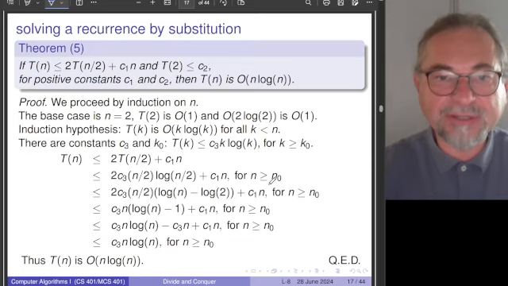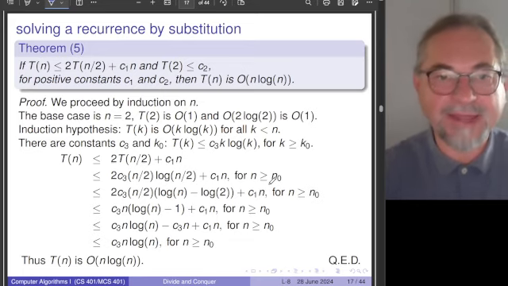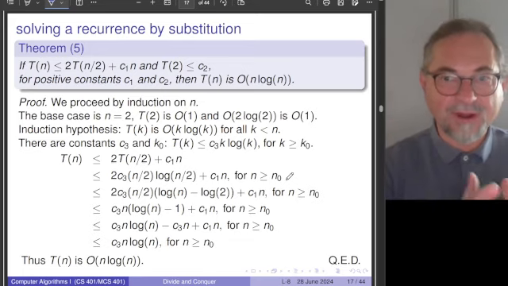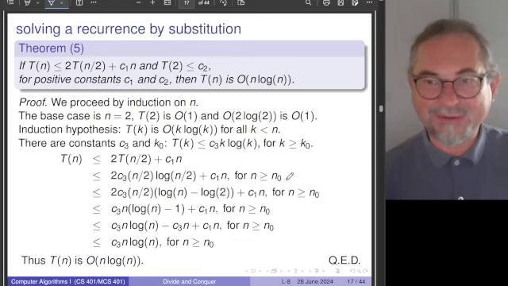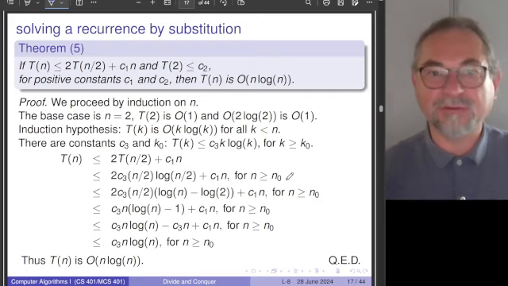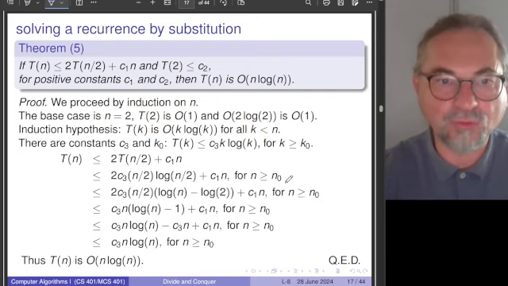The n naught is actually the same as the k naught, if you like, or the n naught is actually the upper bound for the two subsequences that you have. If you have two subsequences and one is maybe a little bit odd, one is one higher than the other, you may have different n naughts, different k naughts. So this could be seen as the maximum of the two.